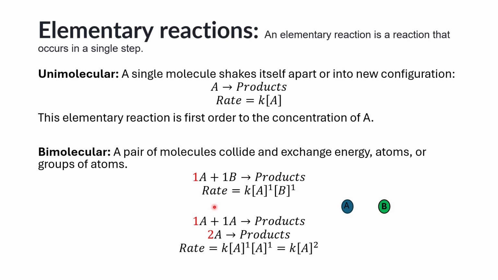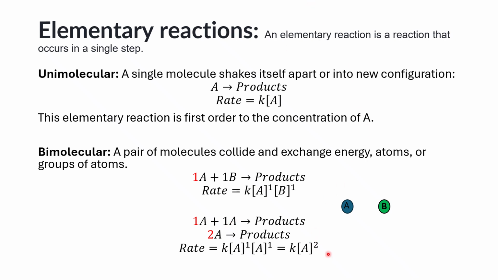The rate equation is equal to k multiplied by the concentration of A to the power of 1, which is the order with respect to reactant A, multiplied by the concentration of B to the power of 1, which is the order for reactant B. The values of 1 for A and 1 for B were deduced directly from the elementary reaction equation, 1 A plus 1 B. If we have A reacting with A, meaning 2 A react to give the product, the rate equation can be deduced from this elementary reaction as k multiplied by the concentration of A to the power of 2, representing second order with respect to reactant A. This 2 is deduced from the elementary reaction.